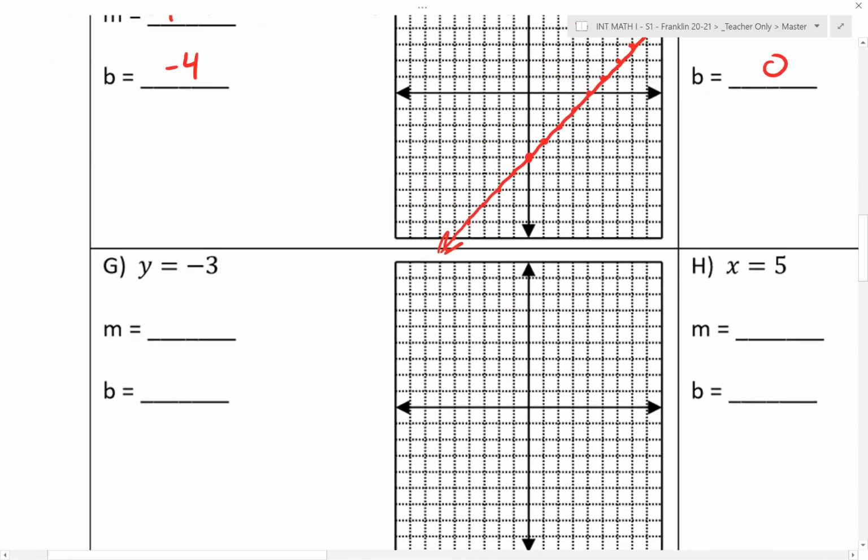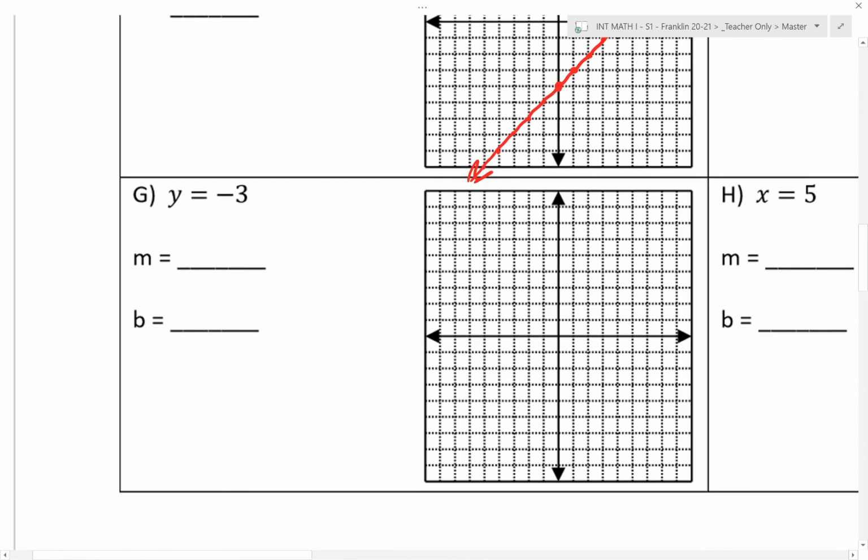Let's go on to the next example. Y equals -3. Now here, there's no x, right? We have a number, but there's no x. And that's because there is a 0x right there that we don't have to write, which means our slope here is 0. The intercept is -3. And remember, a 0 slope looks like a horizontal line, right?